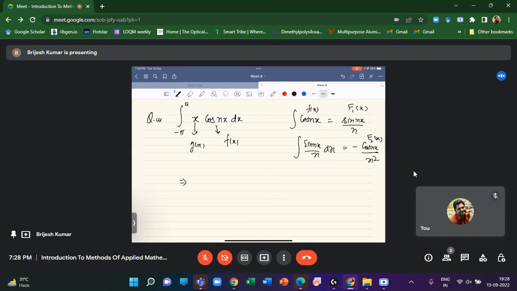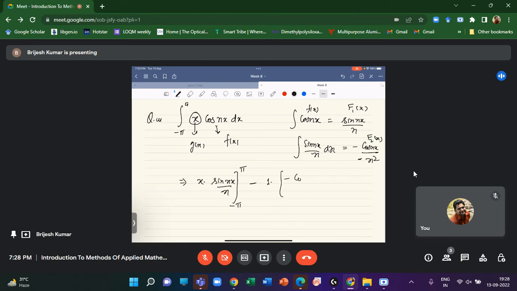So you can solve this like g of x, which will be x, and then sin nx upon n, integration from minus pi to pi, then minus, and the differentiation of this will be 1, and again the integration of this one will be this thing.